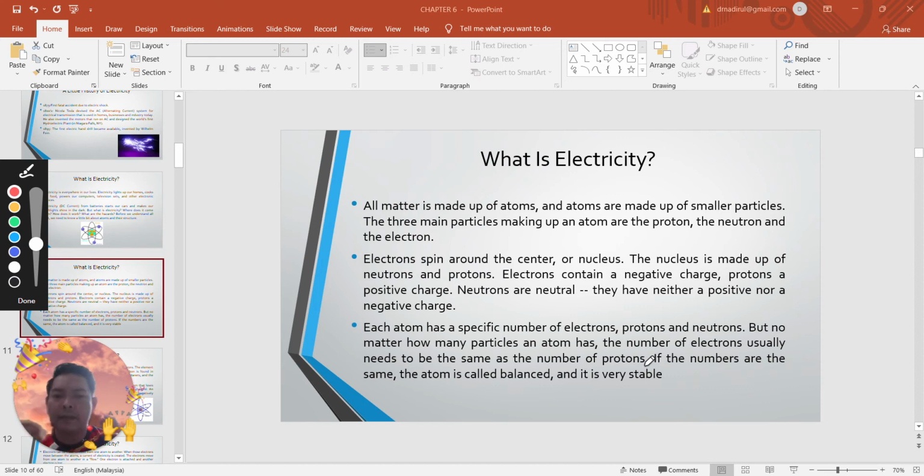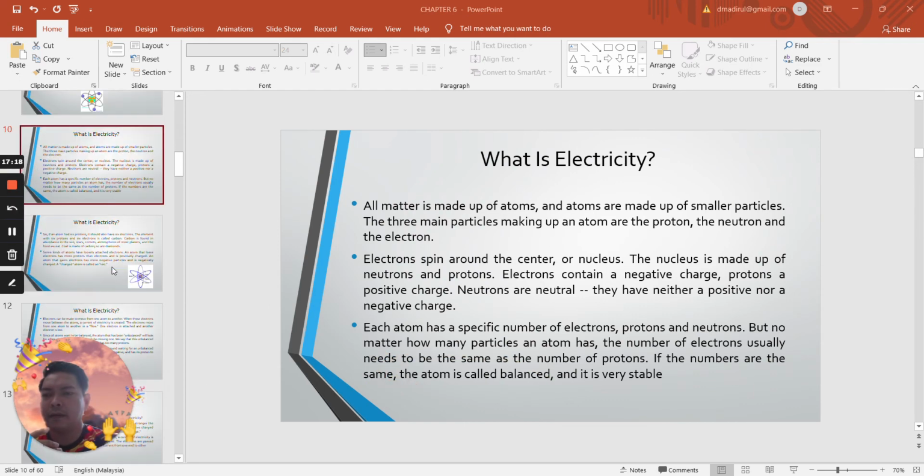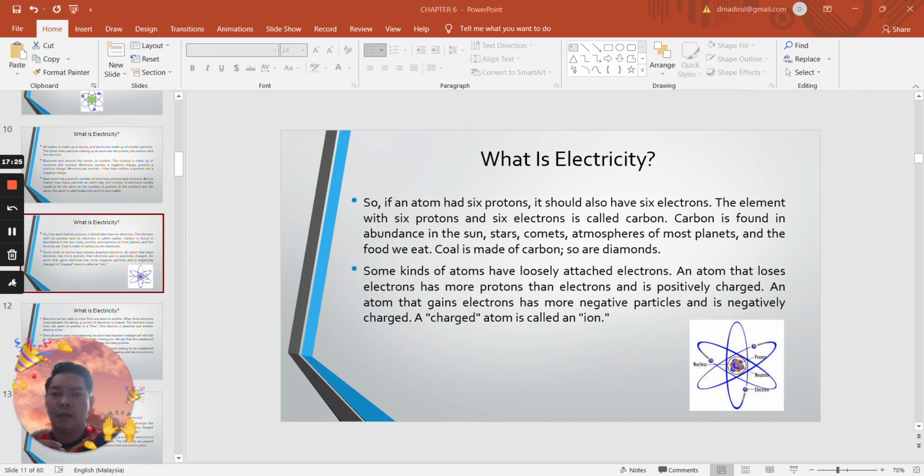If the numbers are the same, the atom is called balanced and it is very stable. So if an atom has six protons, it also needs to have six electrons.